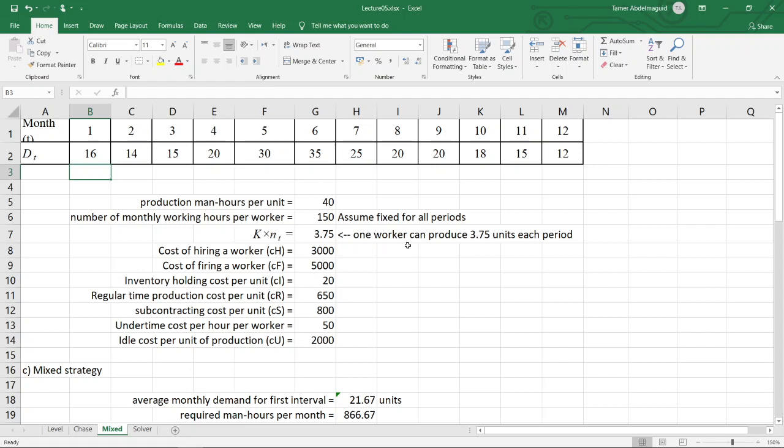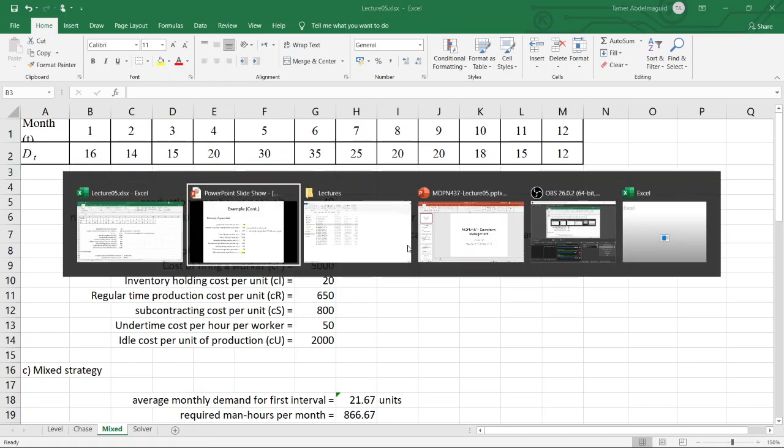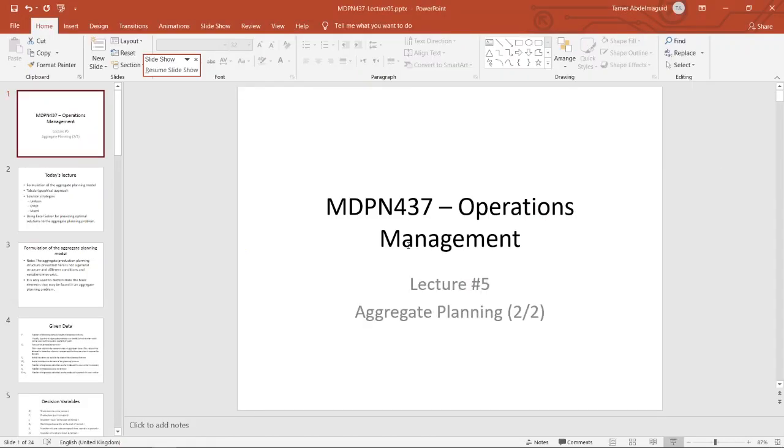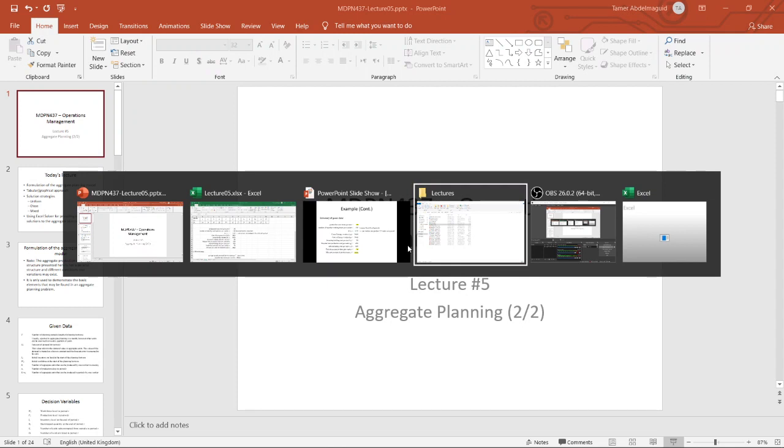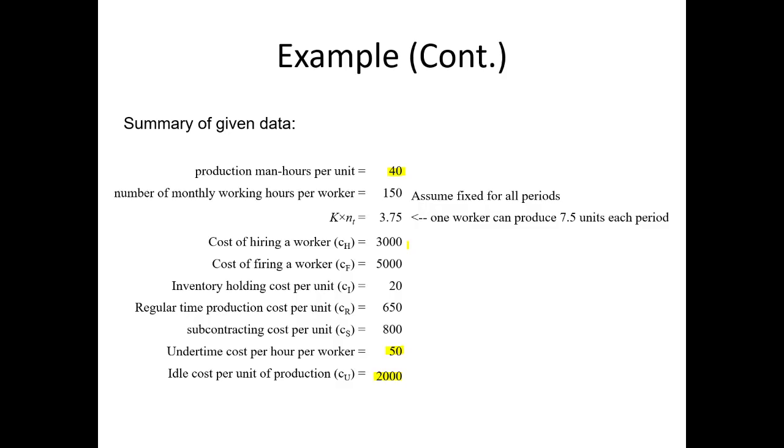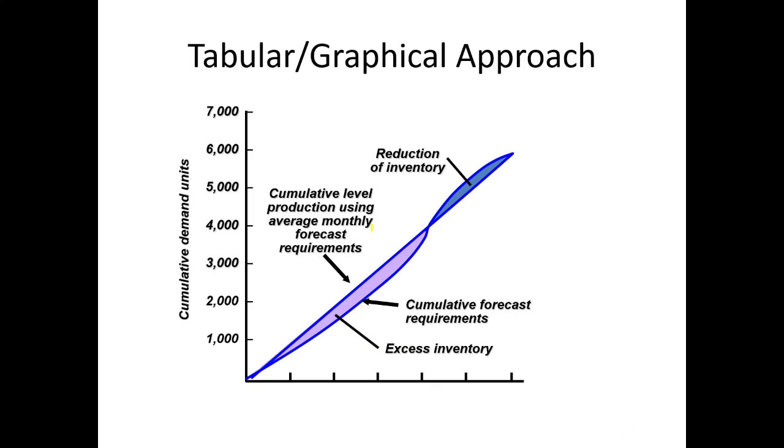So let me go back to the slides and recall the figure that we have seen. Yeah, here is the figure that I talk about.